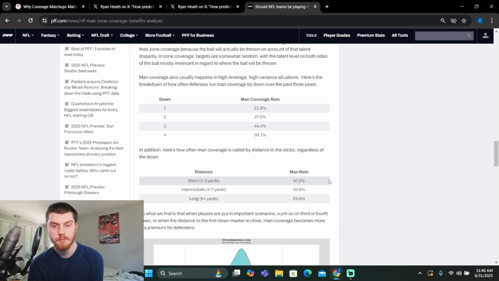So I almost wonder, if you have a really elite man-beater receiver, and you can project that the team will face more third downs in short or intermediate distances, that provides a greater ceiling inherently. Defenses are going to play a lot of man because so-and-so team is in a lot of short, intermediate third downs.